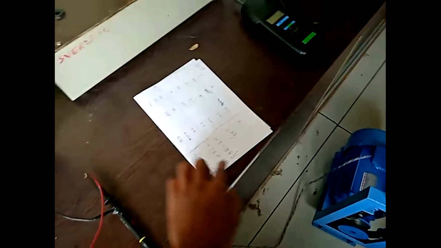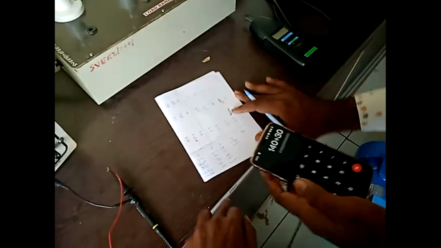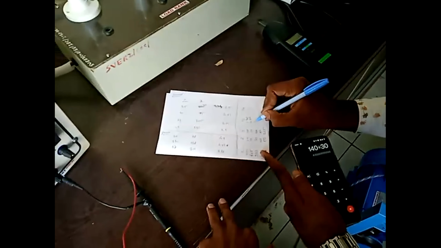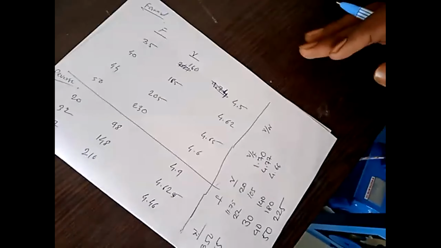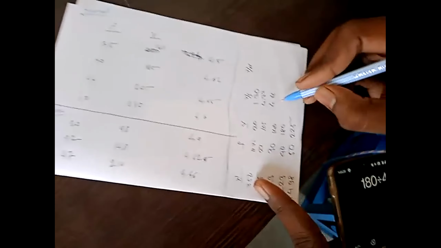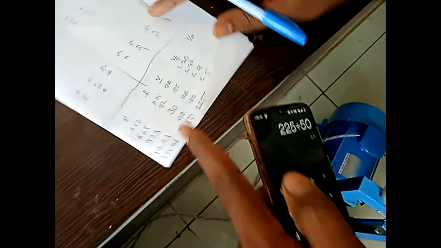Next, third reading, V by F, 140 by 30, is 4.666. Next, 180 by 40 is 4.5. Next, the last, 225 by 50, is 4.5.